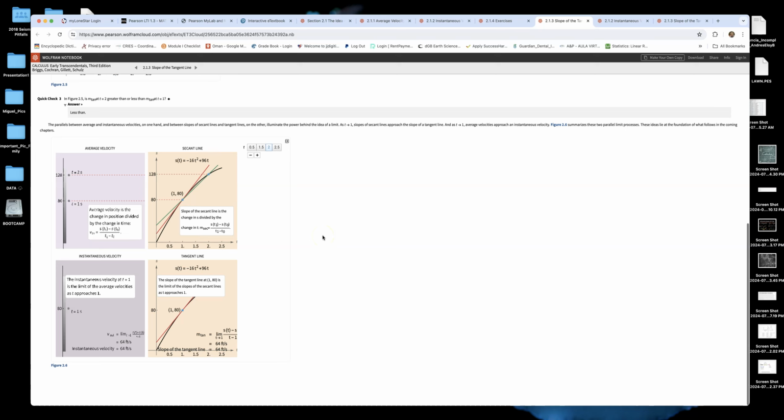And they put this here in a very nice way. So you can see, for instance, if you go to 2.5, this is the distance, from 80 feet to 140 feet, and the elapsed time goes from 1 second to 2.5 seconds. I mean, the elapsed time was 1.5, but when you have 2 seconds, now you see the new secant line, the slope is higher.